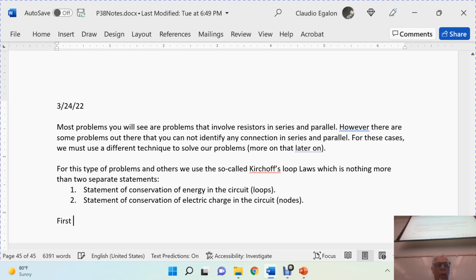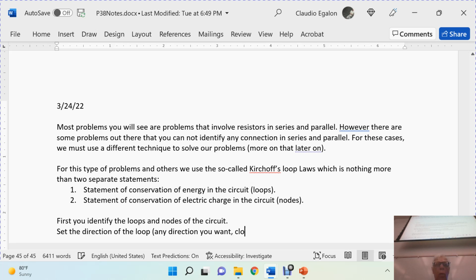First, you identify the loops and nodes of the circuit. Then set the direction of the loop, any direction you want, clockwise or counterclockwise.